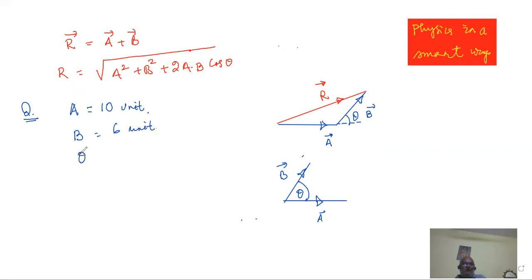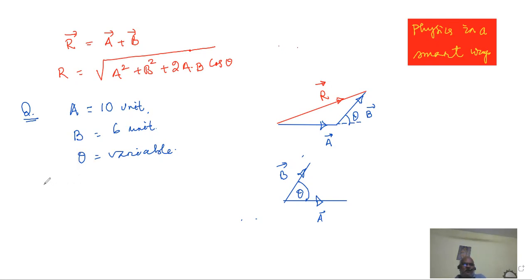Angle theta is variable. No particular value of theta is given. That also means theta we can adjust as we like, as per the situation.